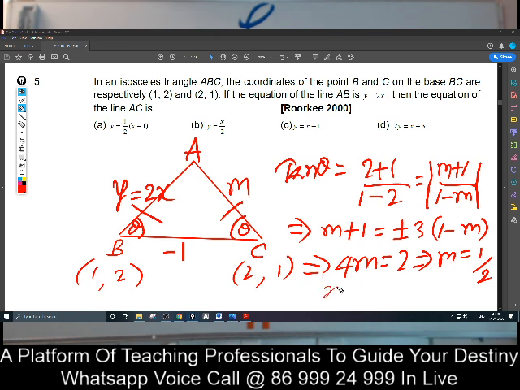Numerator x, denominator y is equal to, substitute the point here. What is the point? (2, 1). 2 minus 2, because we need the line equation AC. 2 minus 2, 0. So this is the line equation, y is equal to x by 2.